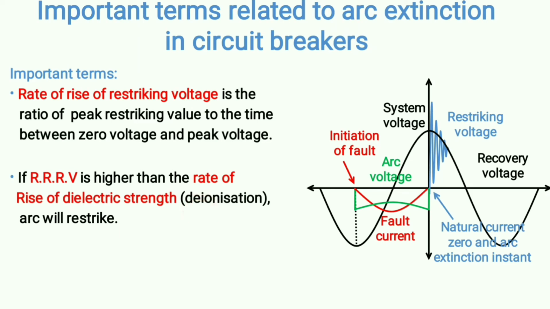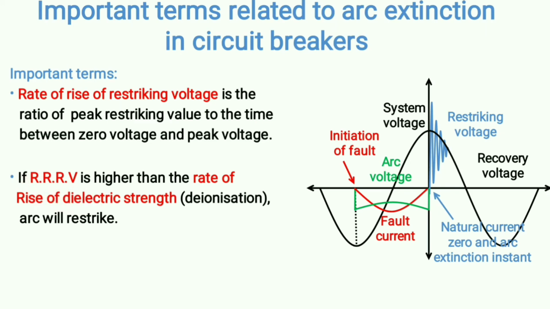Here dielectric strength means how fast the surrounding air can build up the dielectric strength, or how fast the air can build up its deionization property. So if that rate is lesser than the RRRV, obviously the arc will restrike, otherwise the arc will not restrike.